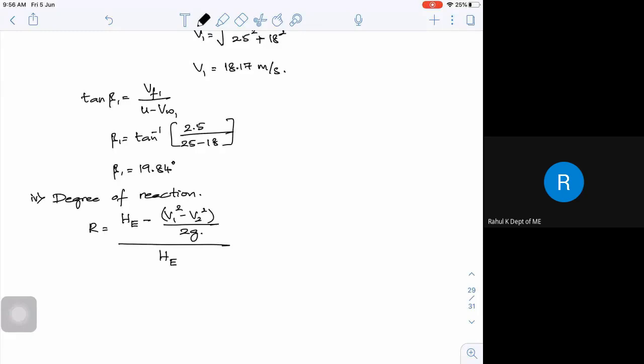Because in this, I know V1, I know V2, so Euler head I know. So what is the feasibility? I can look into those numbers which already have been calculated, and I can easily calculate the degree of reaction.